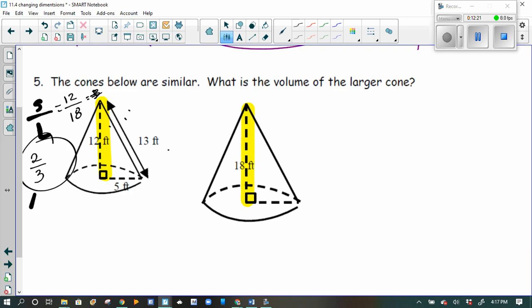Okay, so now I'm going to do my SAV table.